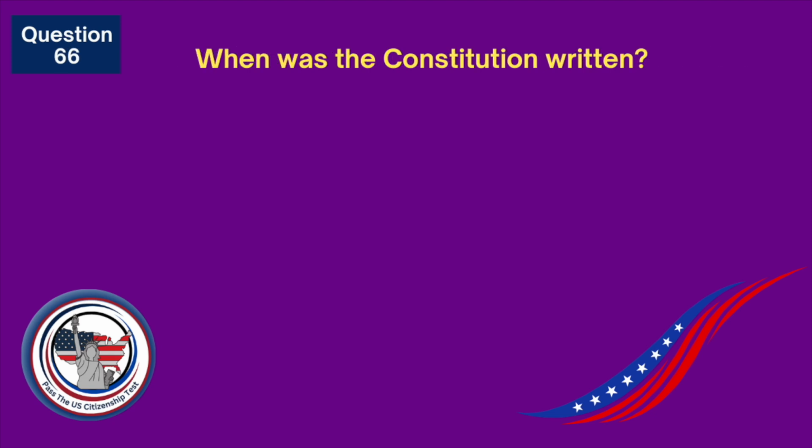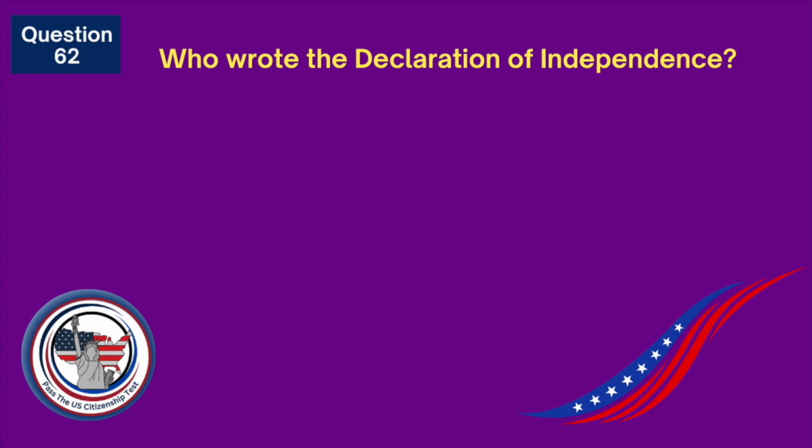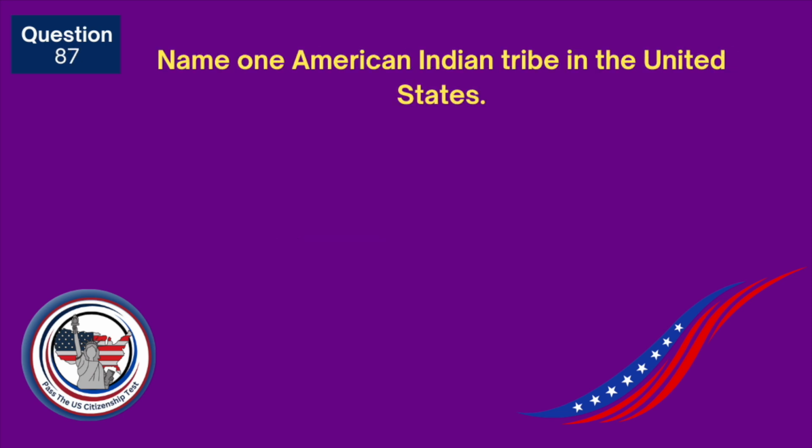When was the Constitution written? 1787. Who wrote the Declaration of Independence? Thomas Jefferson. Name one American Indian tribe in the United States.